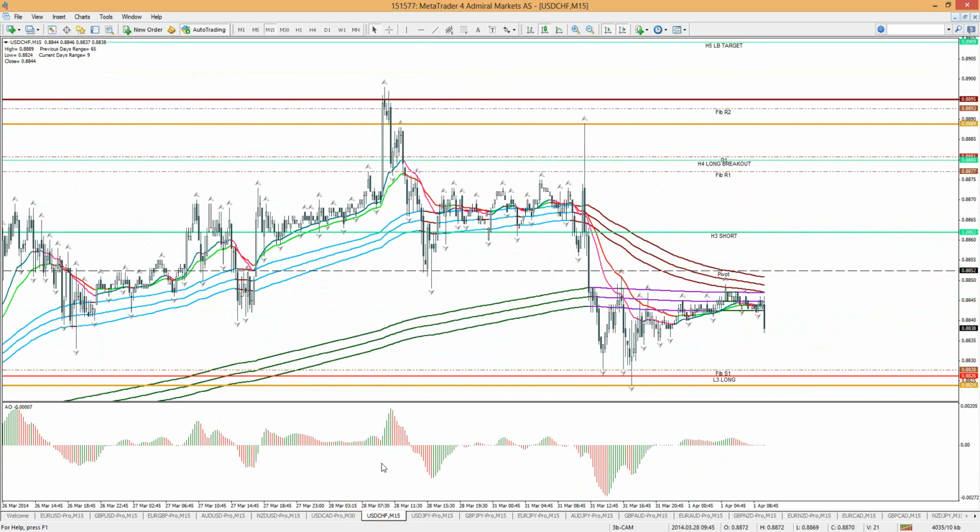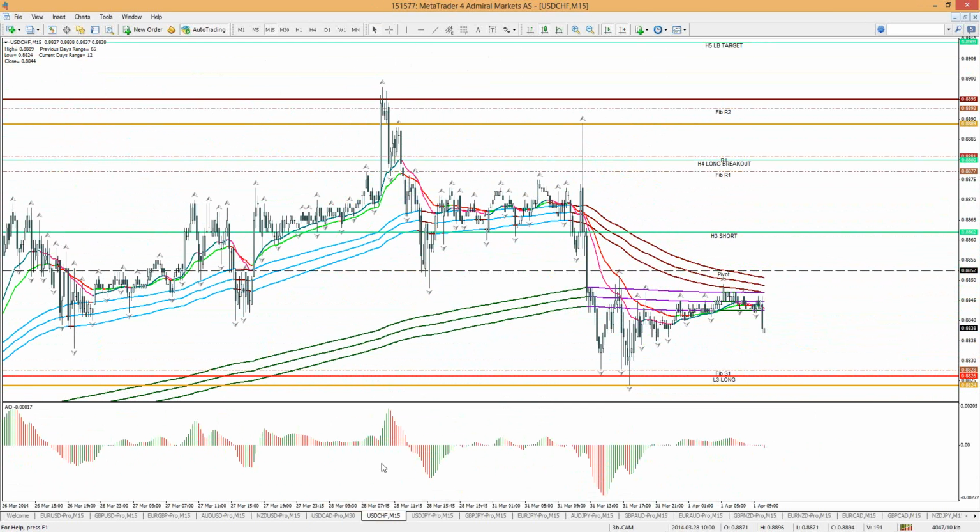So that's one way of practicing our pattern recognition skills. And it's a very useful, very important part indeed of mastering, learning Forex and understanding market structure and price movement, definitely.